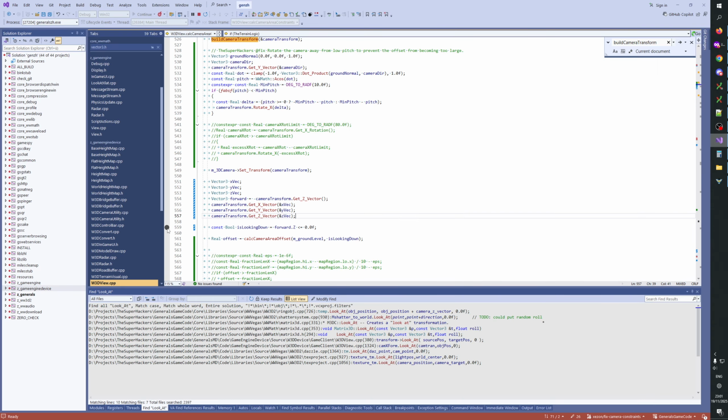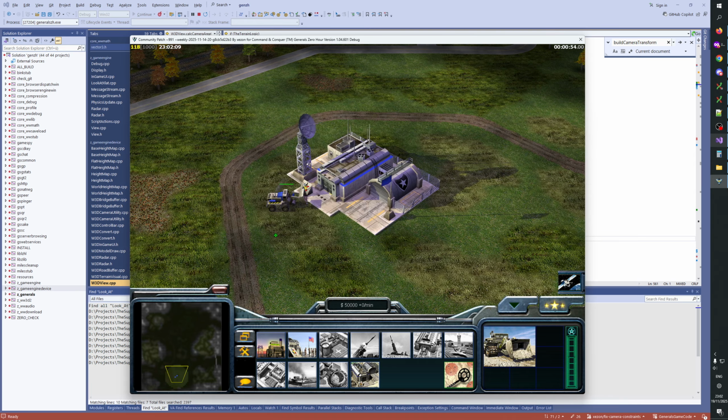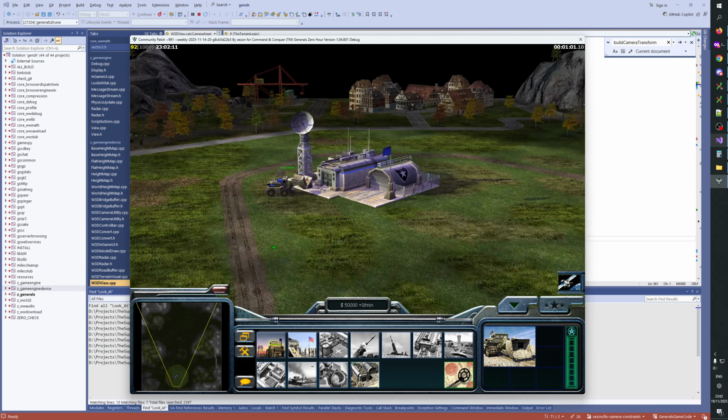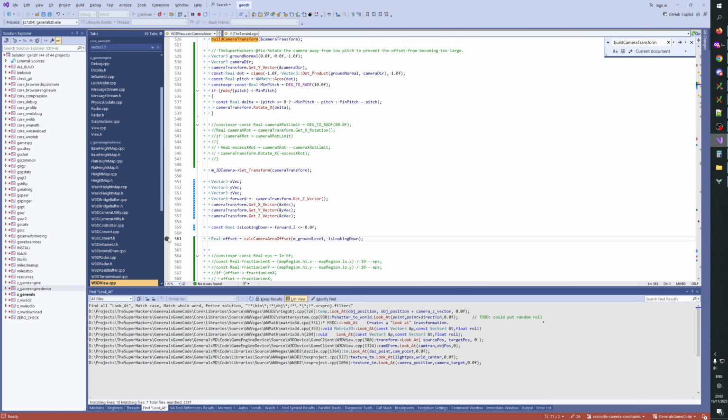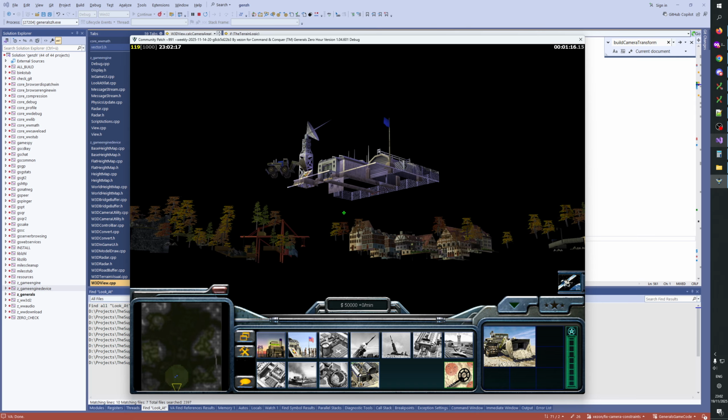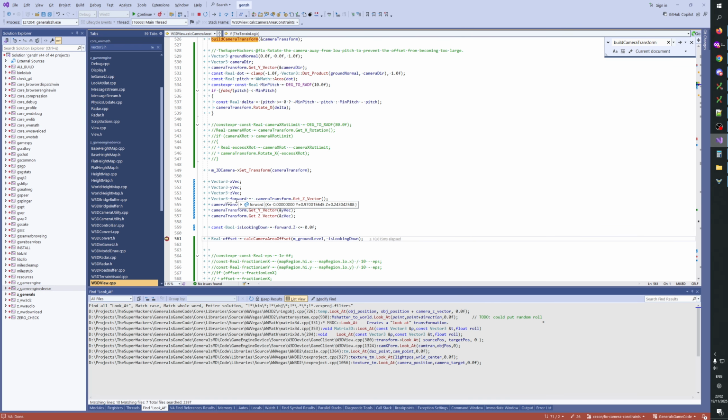Let's see. So looking down, true. Forwards. Okay, this is now looking down here. Okay, let's move it down here. Now it's looking up.